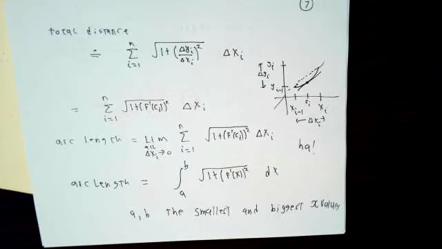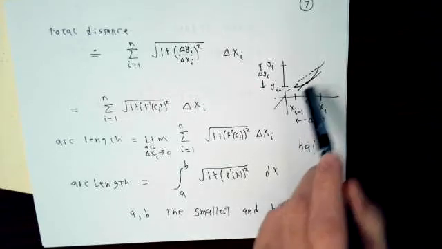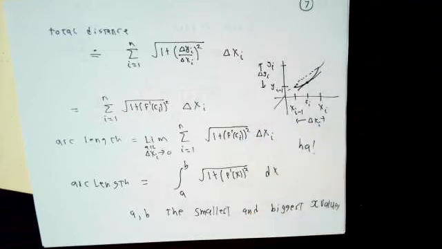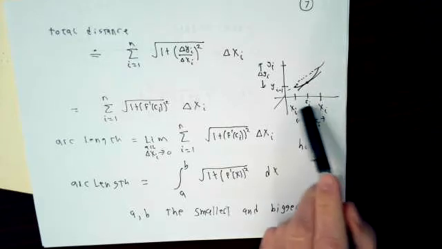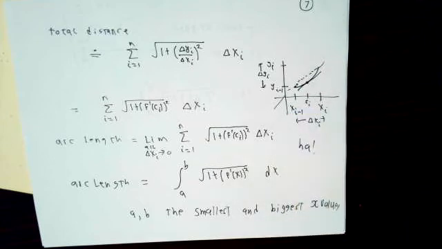Delta y over delta x is the slope of the straight line that connects the ends of the 2 points that I've got here. According to the mean value theorem, that's equal to the derivative of f evaluated at some number c_i between the start point and the end point.